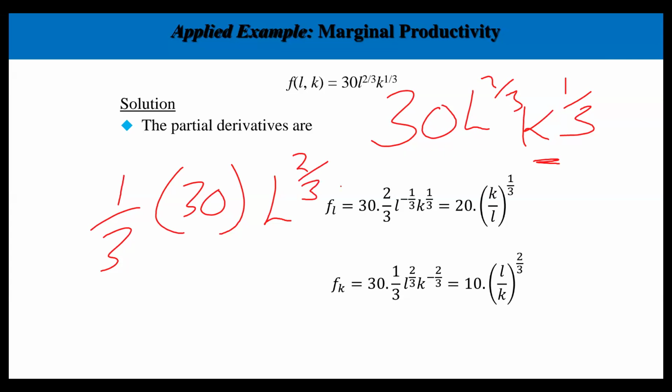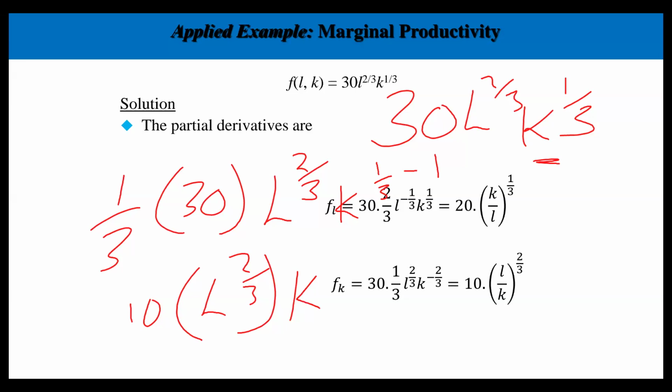Capital to the power 1 over 3 minus 1. It always reduces by 1. So 1/3 times 30 gives us 10. You have 10 multiplied by L to the power 2 over 3, K to the power negative 2 over 3.